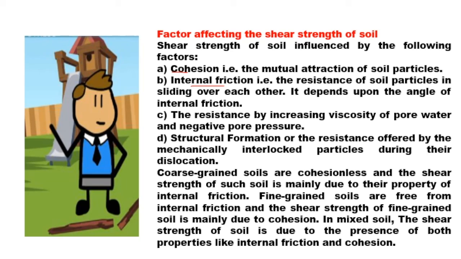Cohesionless soils, for example sand, do not stick to each other but derive their strength from internal friction. Fine grained soils are free from internal friction but depend upon cohesion. Whenever we take a mixed soil, the shear strength is because of the presence of internal friction as well as cohesion.